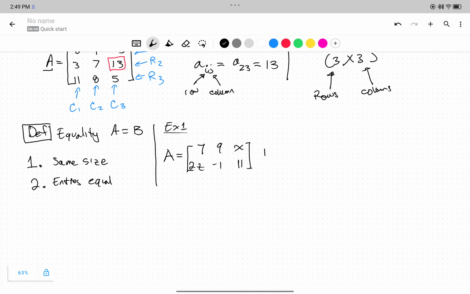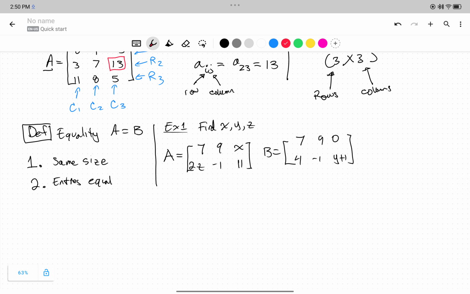What about this other one? 7, 9, 0, 4 minus 1, and then y plus 1. We need to find x, y, and z.